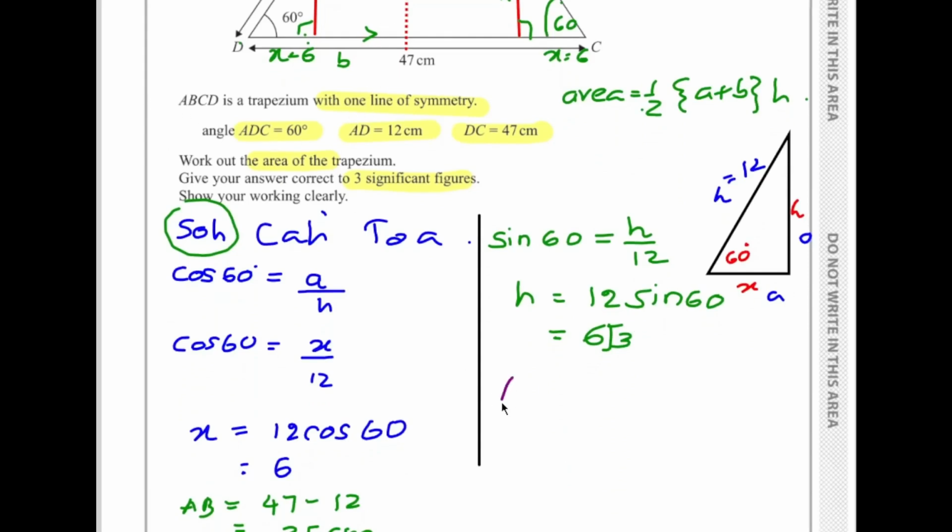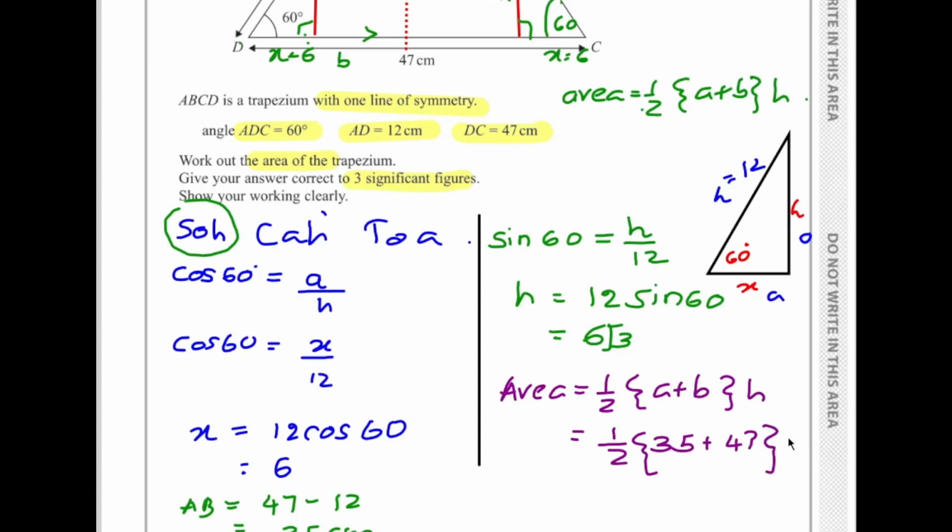So I can write area equals half into A plus B times H, half into A, we got it as 35, B is 47, into H, we got it as 6 root 3.